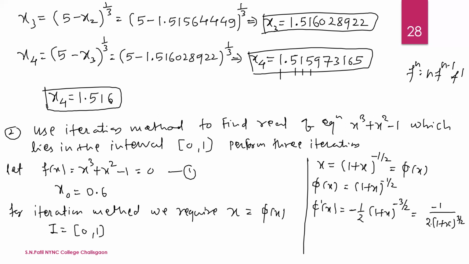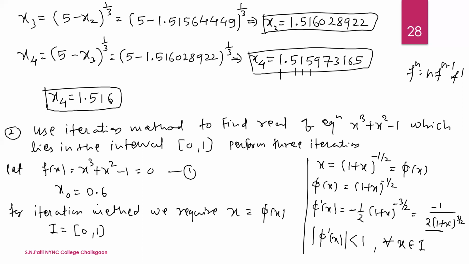Since 2 into 2 means the value is greater than 4, and minus 1 upon this value, this is a larger value than the numerator. When we take its mod, we get phi dash x is less than 1 for all x.